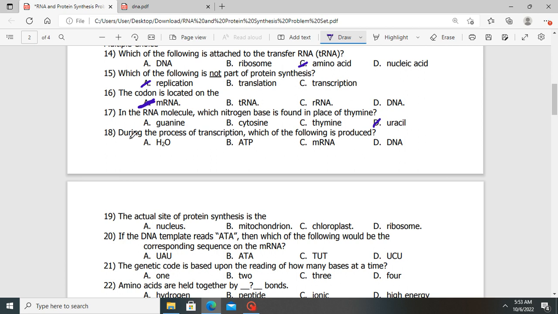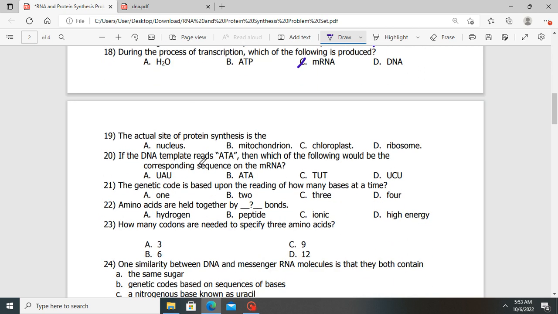During the process of transcription, which of the following is produced? Transcription produces messenger RNA. So the answer for 18 is C. 19. The actual site of protein synthesis is the ribosome. So the answer for 19 is D.